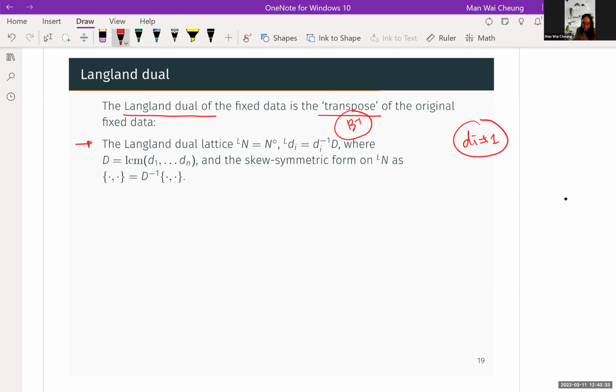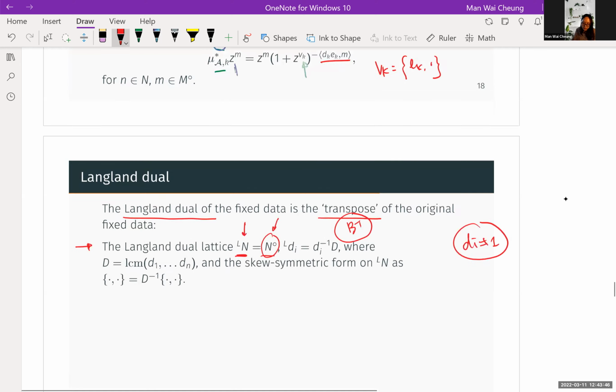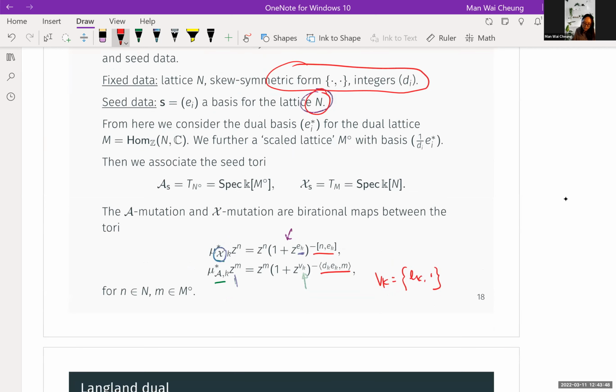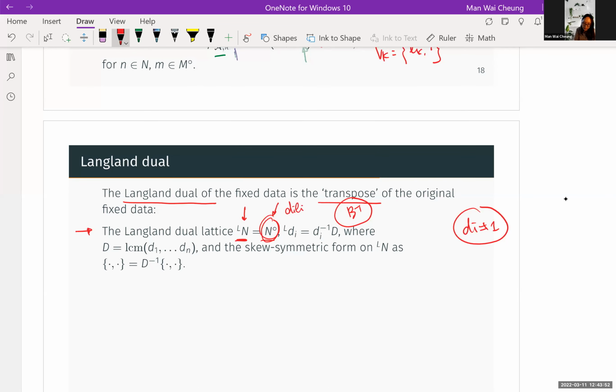So now we have the fixed data, the lattice will be N^L dual, which is coming from the scaling of the original lattice N here. I have the N here. And then I have the scaling here, which is actually coming from the d_i.